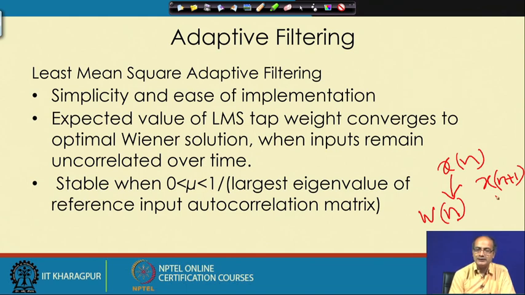Now, let us look at the signal. If the maximum frequency of the signal is 1 hertz, then we have 1 second. If it is 1 kilohertz, then we have 1 millisecond.